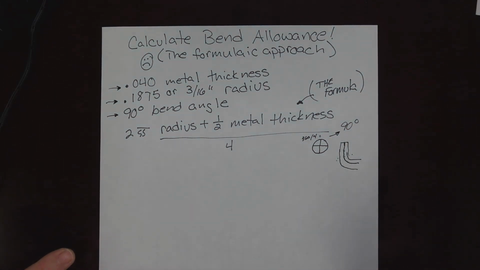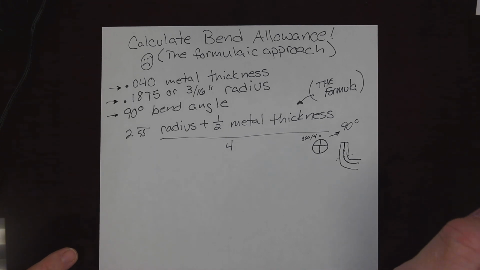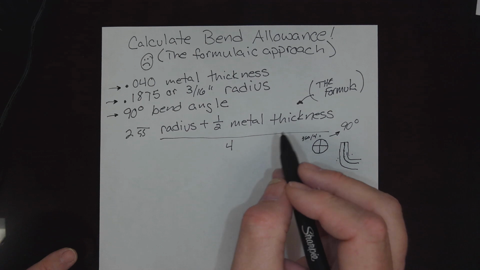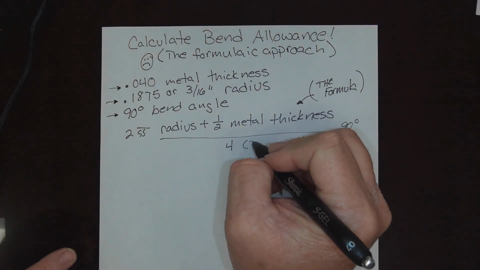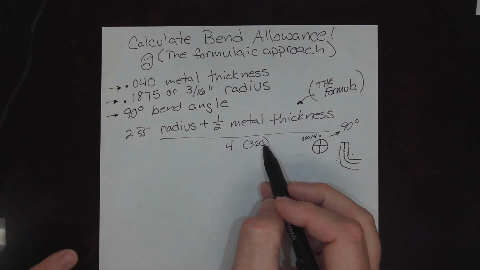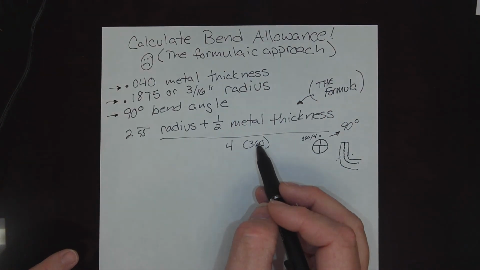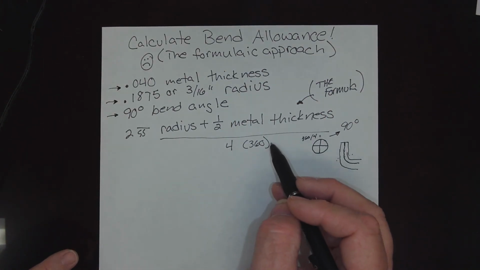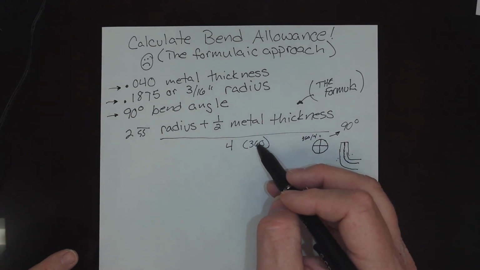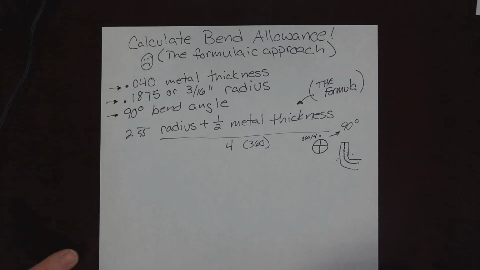Now, if this wasn't a 90-degree bend, try to guess what denominator would be down here. By golly, there you have it. That way, I could calculate the bend allowance per degree, and if it wasn't a 90-degree bend, I could just multiply the 1-degree factor times the number of degrees that I desire in the bend.